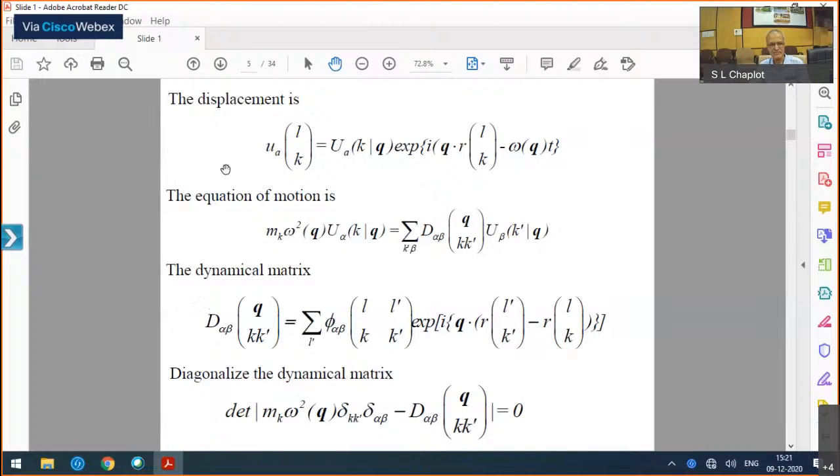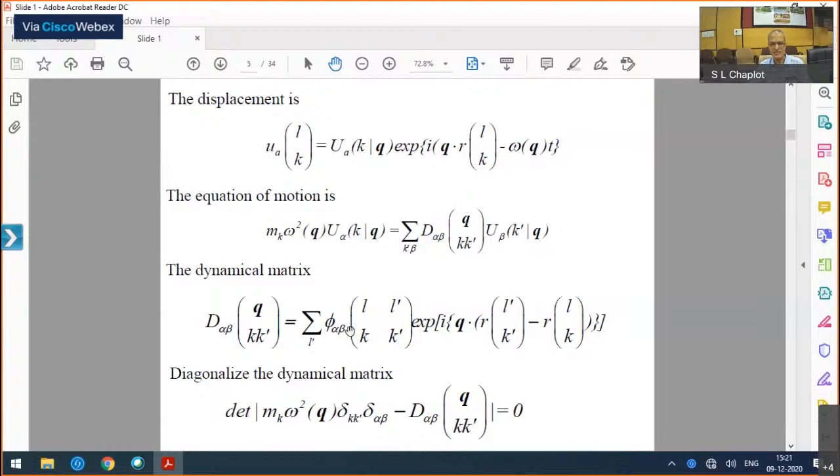So I've jumped here a lot. What essentially I'm trying to say is that there are trial solutions for the displacement, and assuming these trial solutions for harmonic dynamics, the equation of motion can be written in terms of the frequencies and the amplitudes, and the interatomic interactions come through the interatomic force constants.